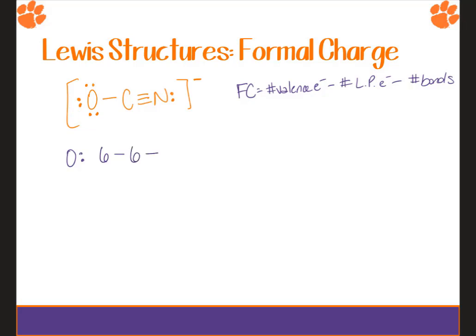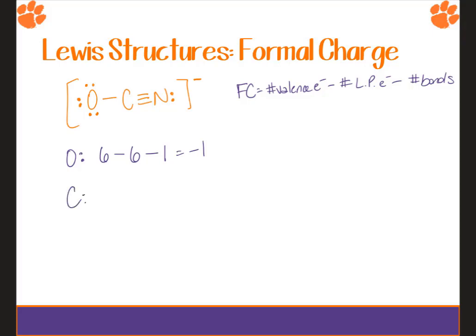And then minus the total number of bonds on the oxygen. The only bond coming off of this oxygen is just this one bond here, so minus 1. Alternatively, you could say, well, in that bond we have 2 electrons, so half the bonding electrons would be 1. Same difference there. So we do this and we get a -1 formal charge on the oxygen.